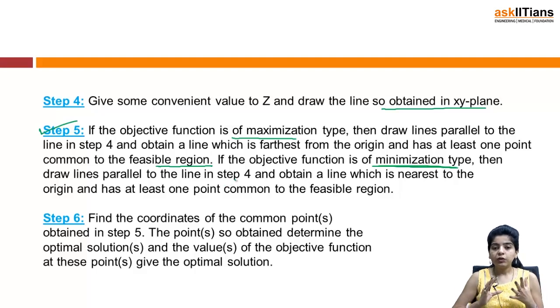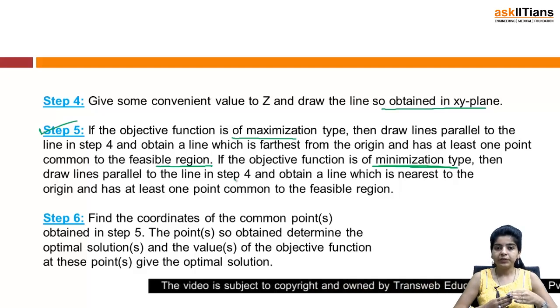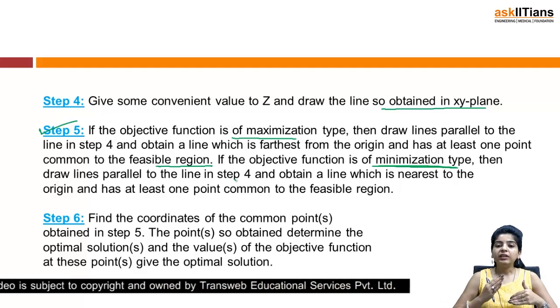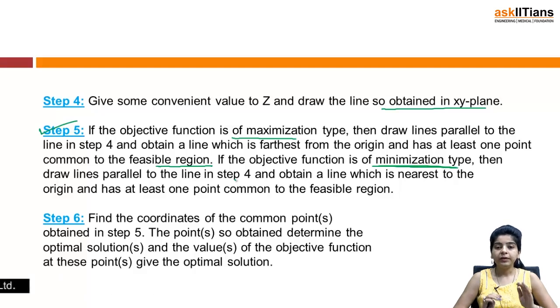That means first of all you will give a convenient value to your objective function z, and then draw that particular line in the xy plane. Next, in case of maximization, you draw lines parallel to the line drawn of the objective function and obtain the line farthest from the origin, but that line should have at least one point common to the feasible region.